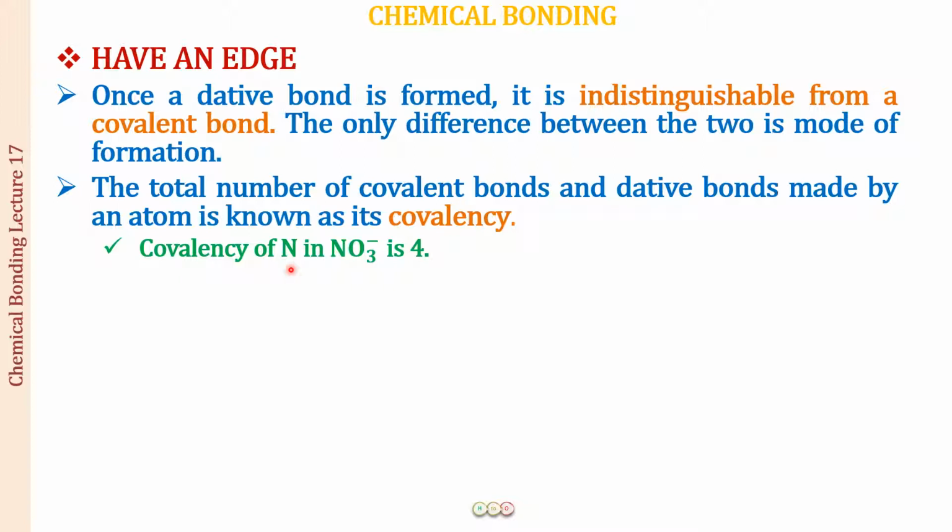Now one more thing that I can give you as a tip over here: when you are given a question where you have to find out which of the molecules or the ions have a coordinate bond, what you can do is just check the covalency of the central atom. For example, in case of nitrogen, the covalency is coming as 4.